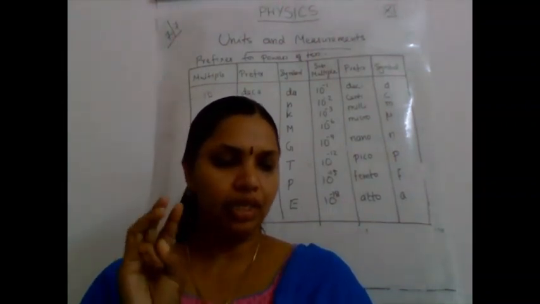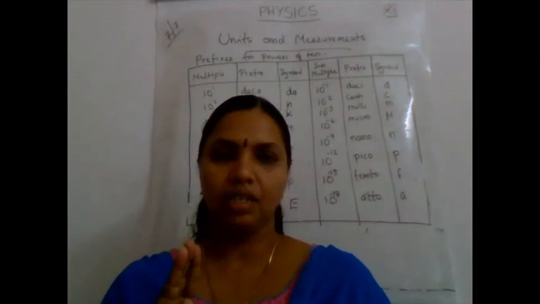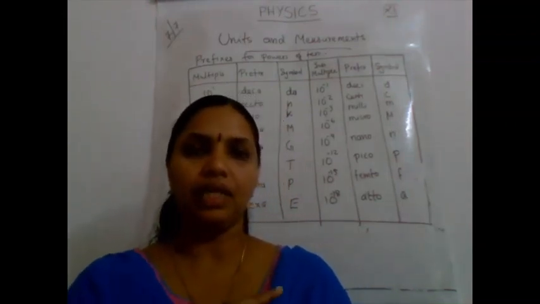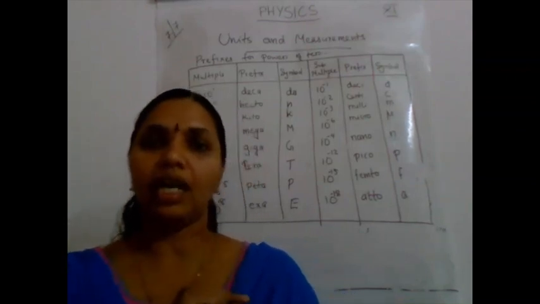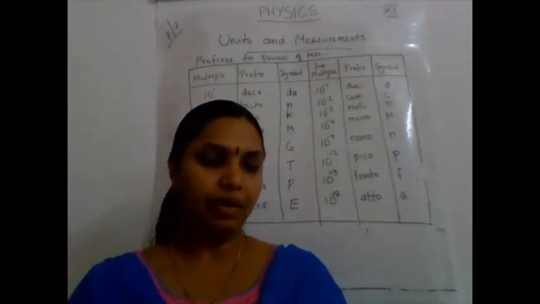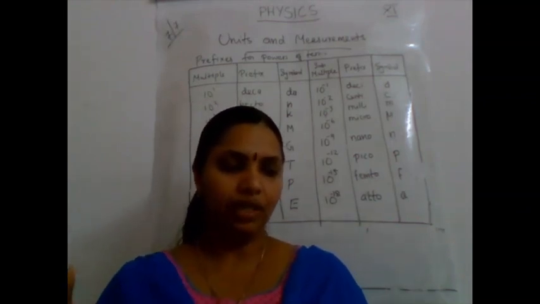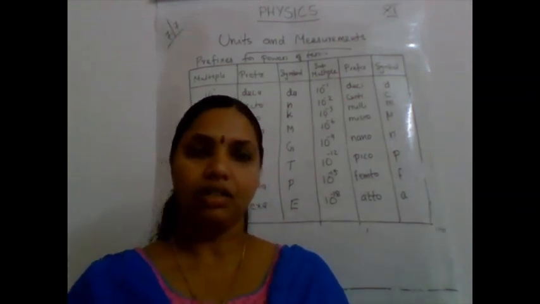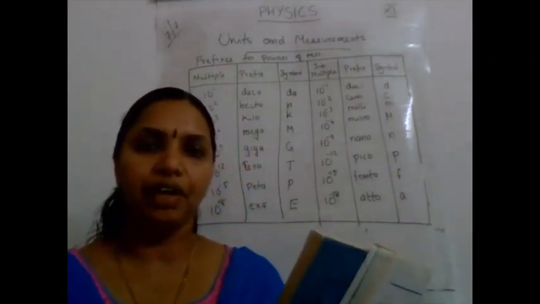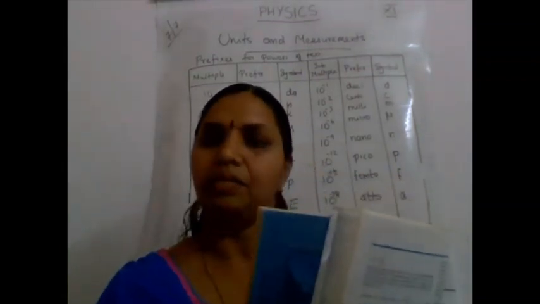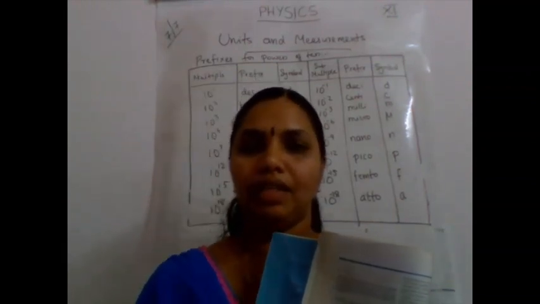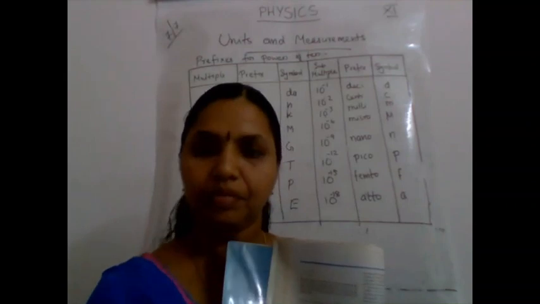There are 8 questions, and you have to do them as homework. They depend on this conversion: centimeter to meter conversion, then centimeter to millimeter conversion, kilometer per hour to meter per second, all these conversions. So you try to do that, and if you have any doubt you can contact me. I will explain how to do it. You try to do that. In the next class I will explain the answers.